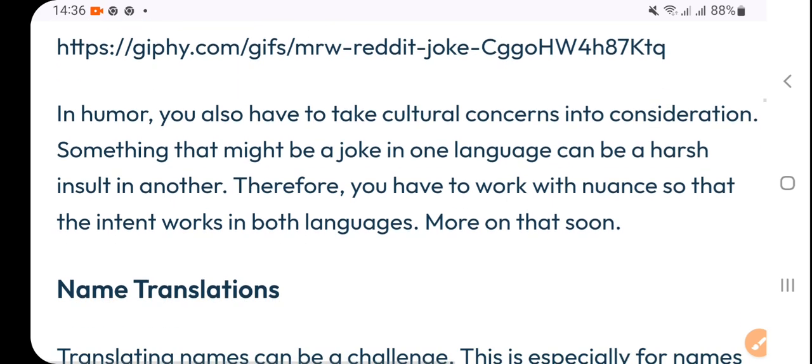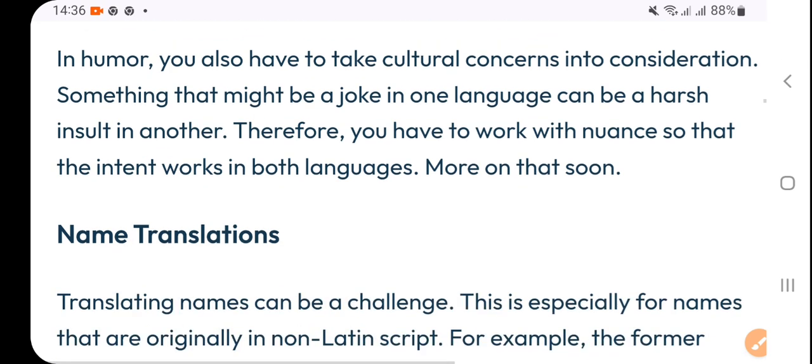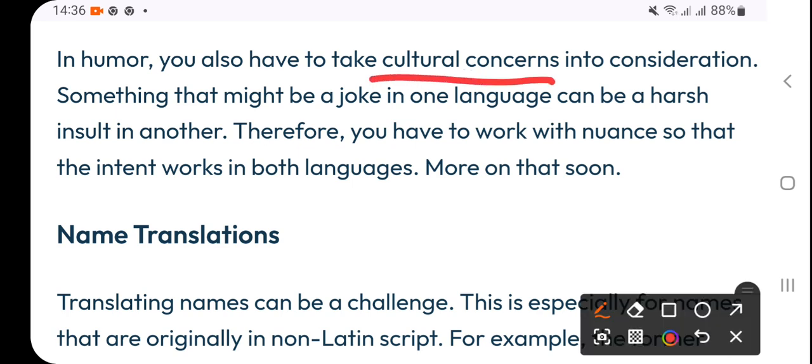So that's a problem. Now, in humor, you also have to take cultural concerns into consideration, because every society and community has its own culture. Something that might be a joke in one language can be a harsh insult in another.